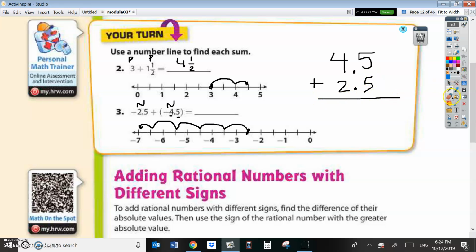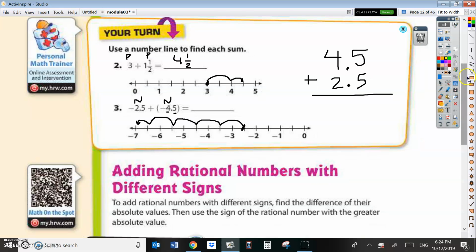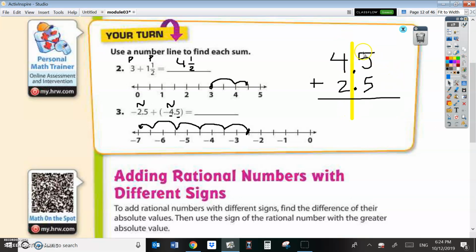So remember to line them up. Line up the decimals. Get 0 here, 1 here, 5 and 7.0.